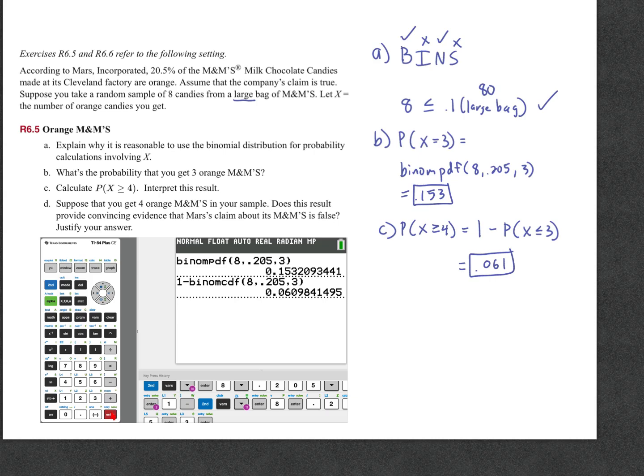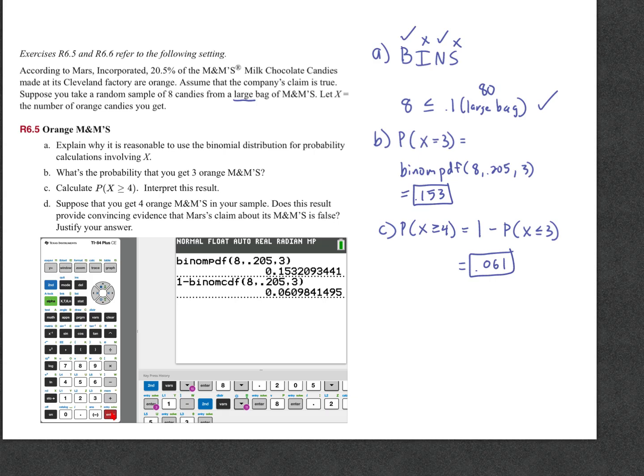I think more extreme would be greater than 4 because it's already unlikely. If you had a bag of 8 candies and there's a 20% chance of getting an orange, 20% of 8 is less than 2. So that would be the expected number of orange candies, around 1 or 2.